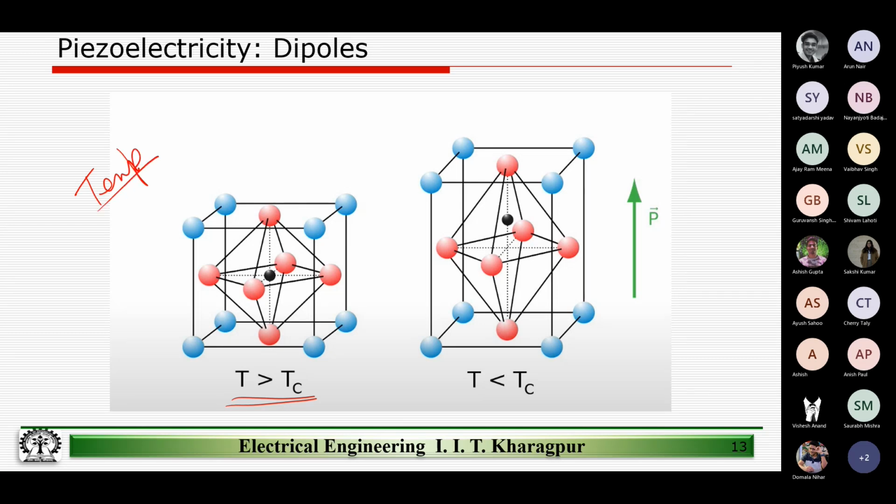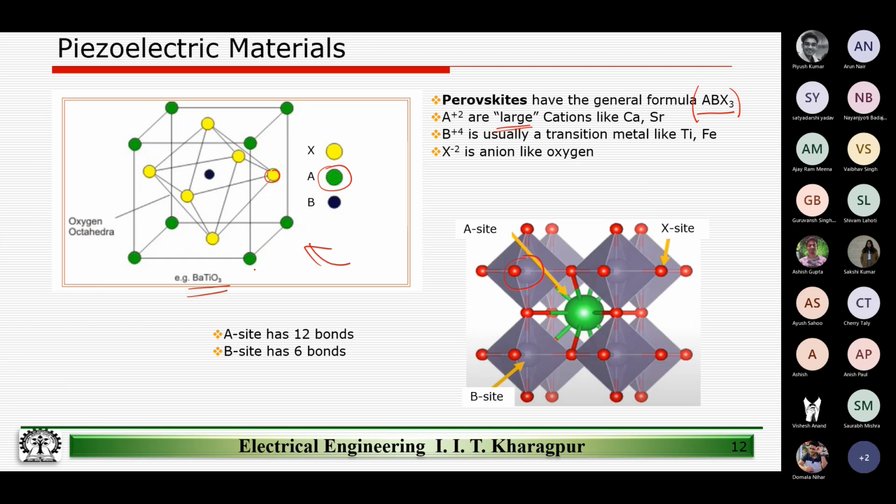Each material has a characteristic temperature associated with it, which is known as the Curie temperature. So if the temperature that is applied, or the environment that the material is sitting in, is more than the Curie temperature, then this guy, which was sitting right in the center, is B, the transition metals like titanium or iron.